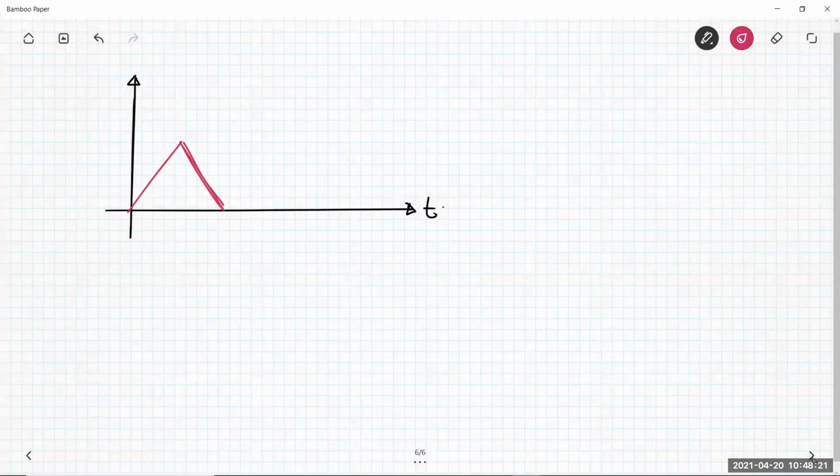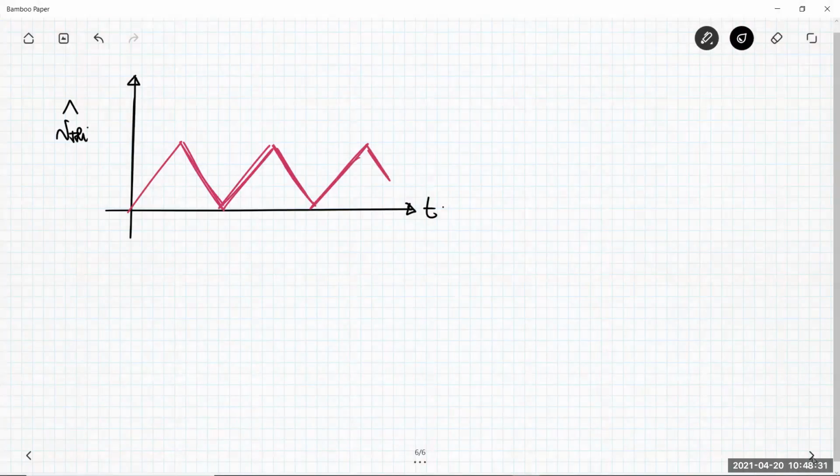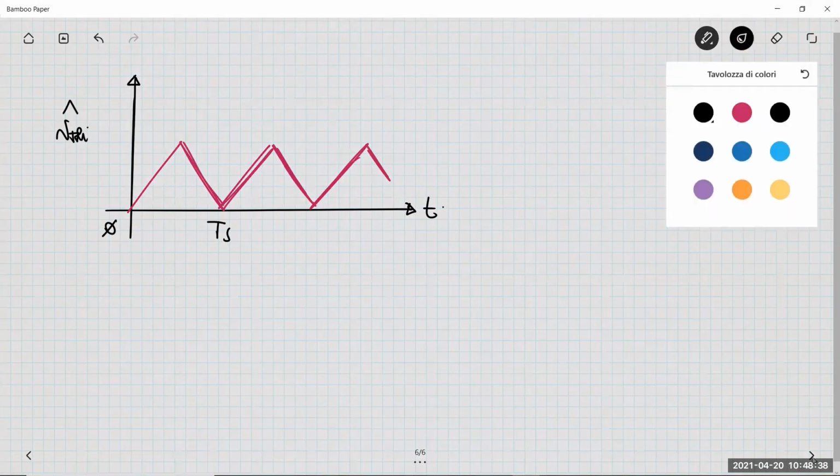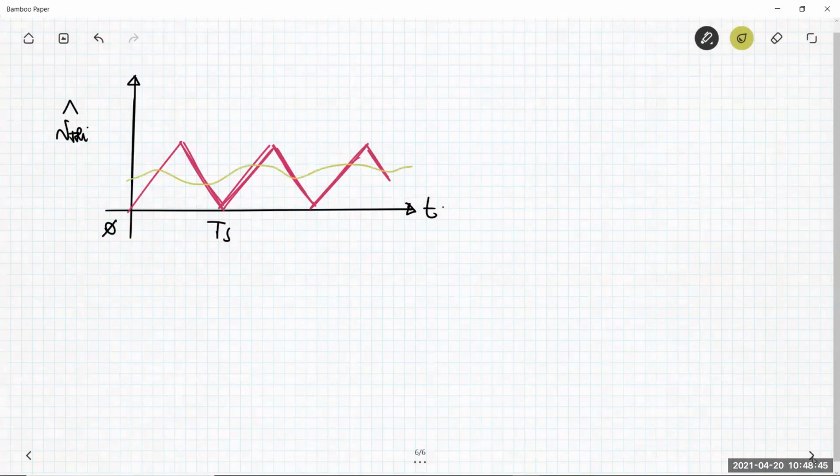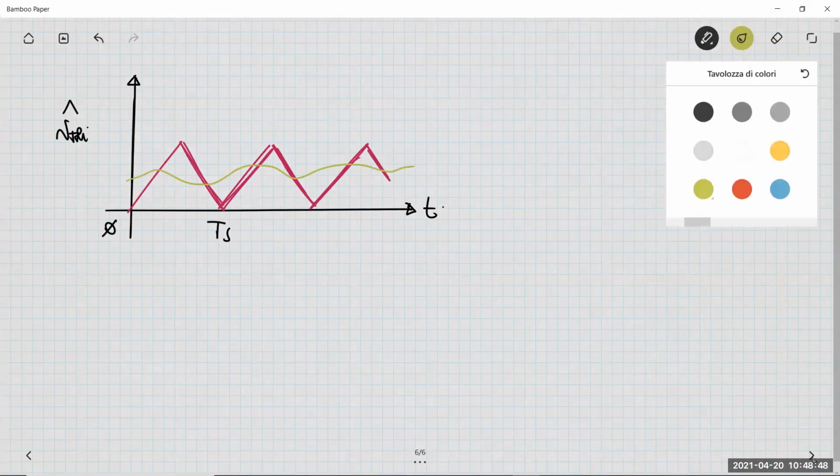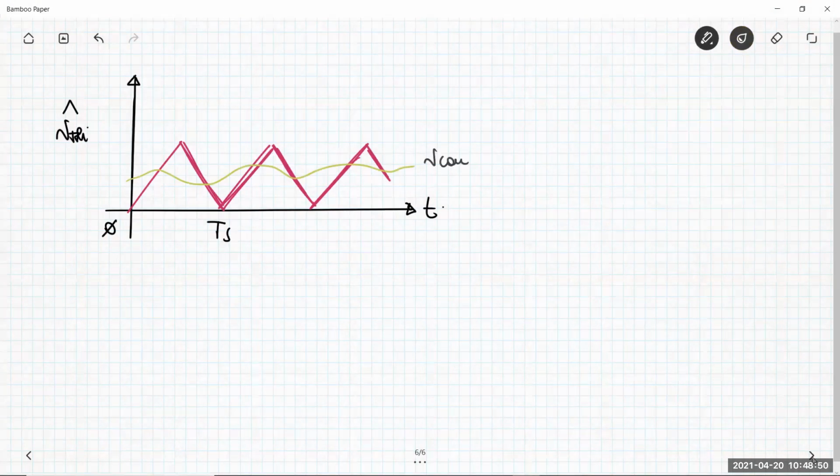So let me just put here the triangular waveform of the modulator having peak value V triangular hat. Then I have this period, and then suppose that I have something which is not constant. Now my control voltage is something that changes.